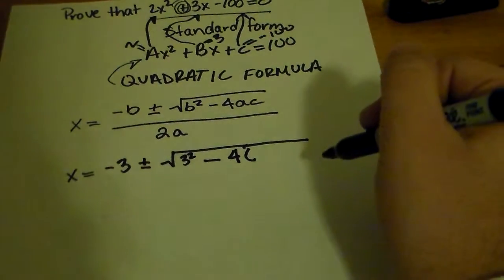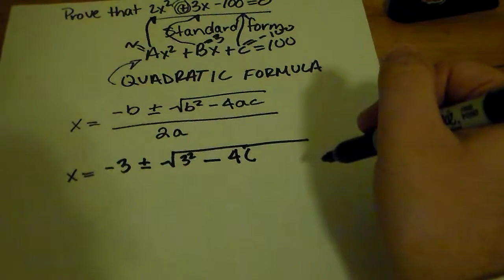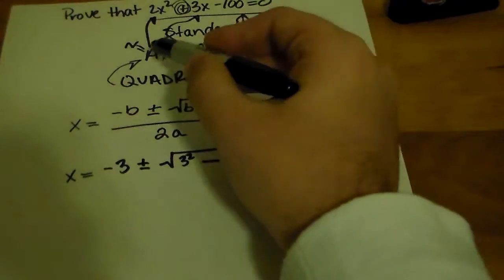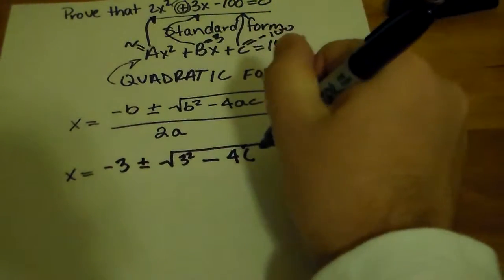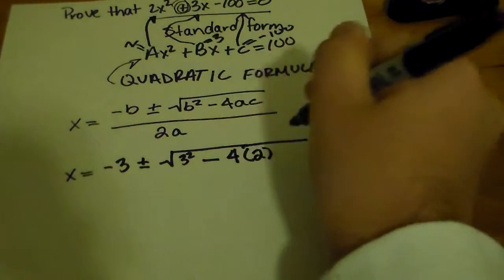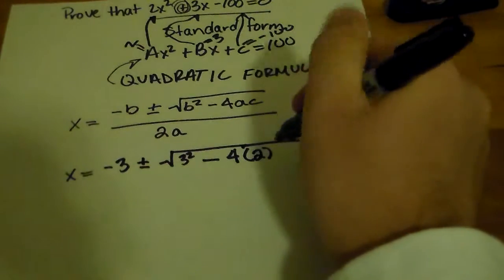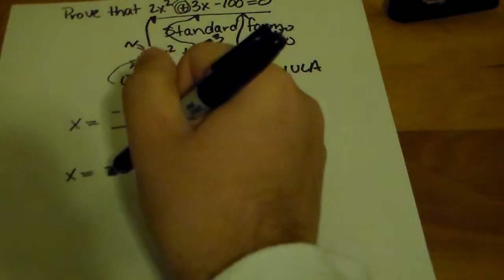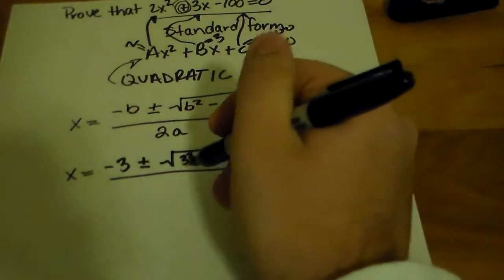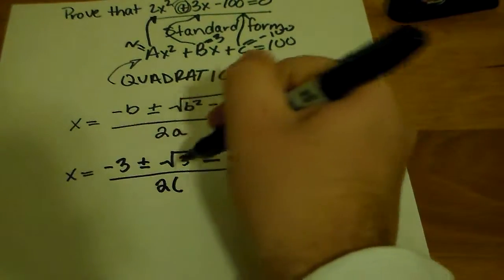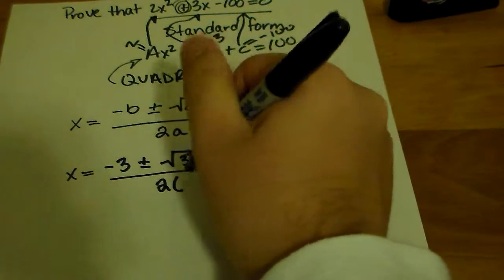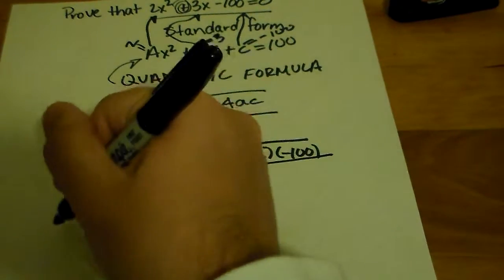What is a in this equation? Well, a is 2, as we figured out just moments ago. We write 2 here. C in the equation is negative 100. And then all of that is over 2 times a, which in this problem is 2. So we do 2 times 2.